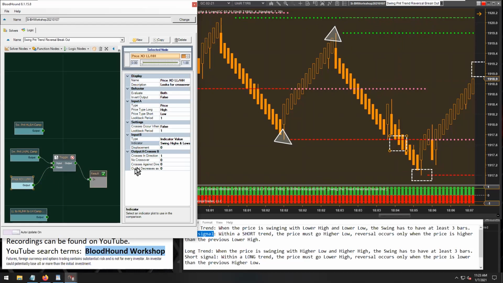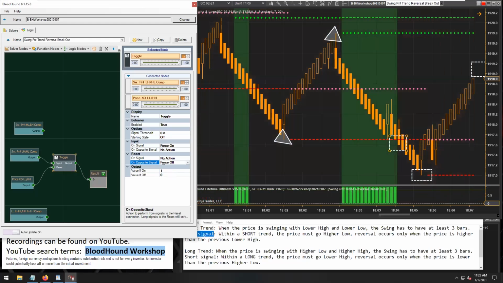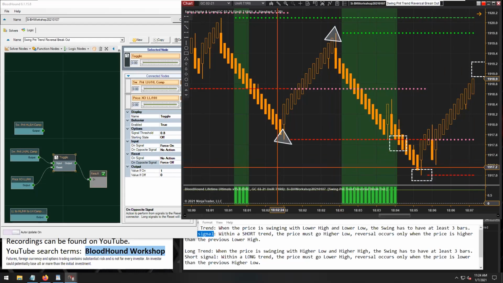So if I connect that in, and then for the reset, I take the opposite signal and use that to force the toggle node off. So, perfect situation here.